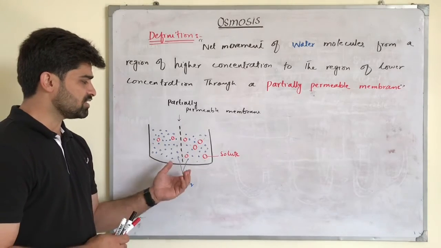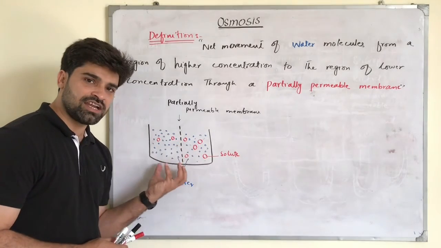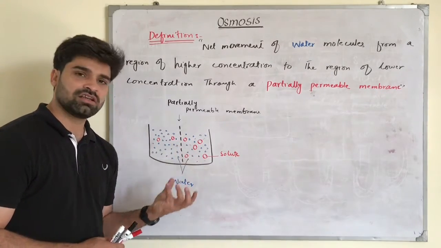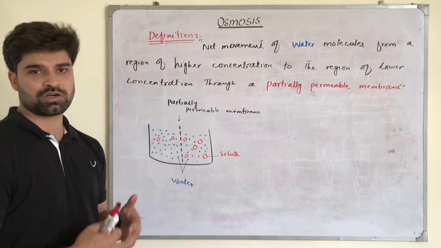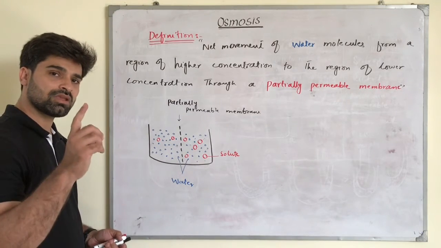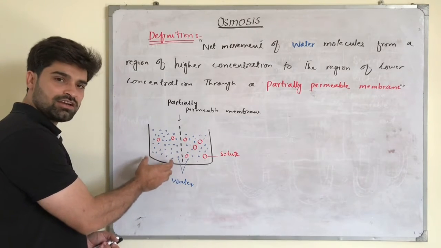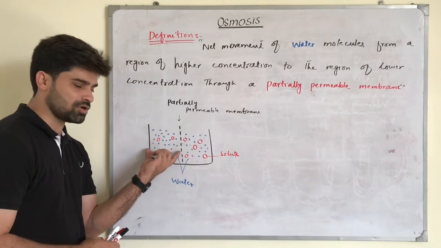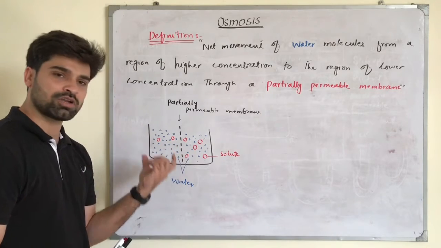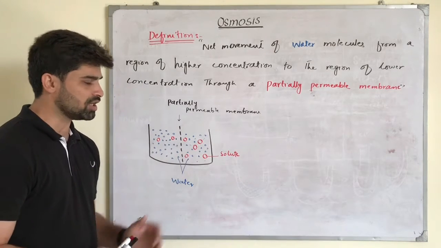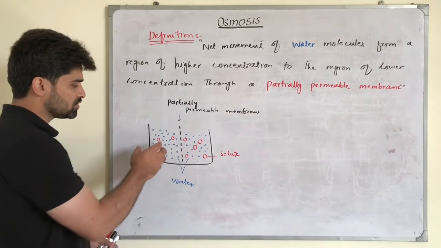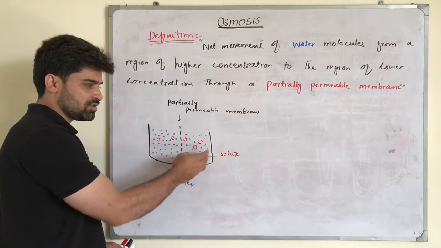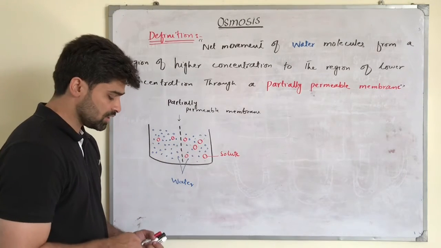So in comparison, which of these sides has more water molecules? Of course, the left side of this box has more water molecules as compared to the right side, because there is a lower concentration of solutes in this box.